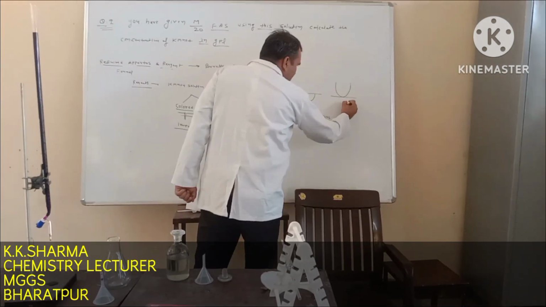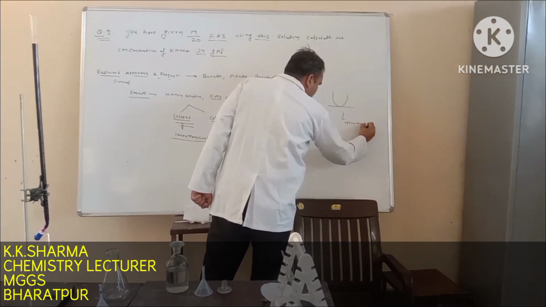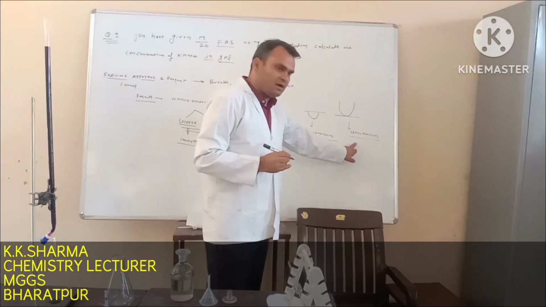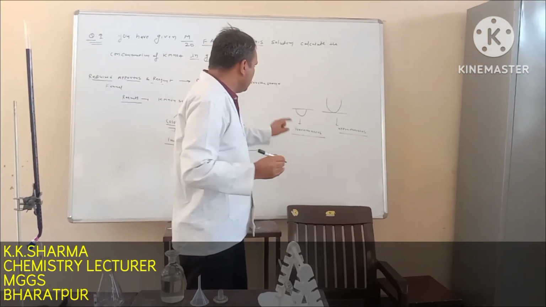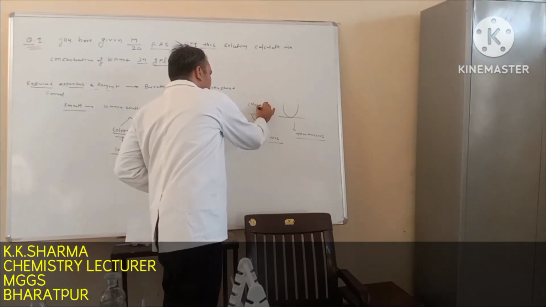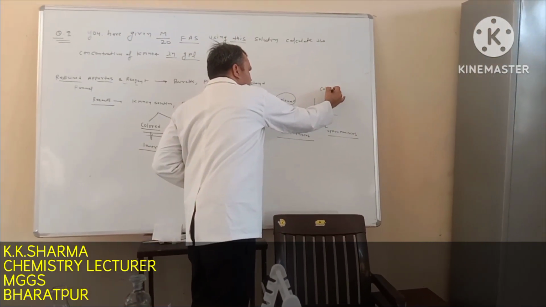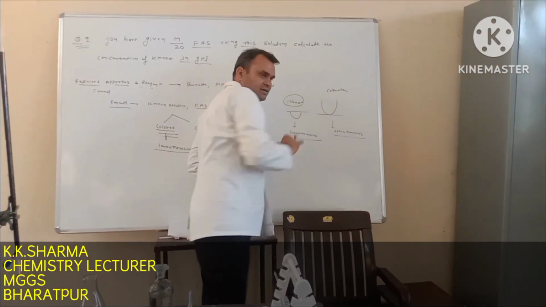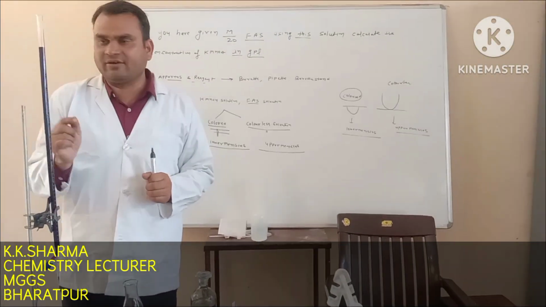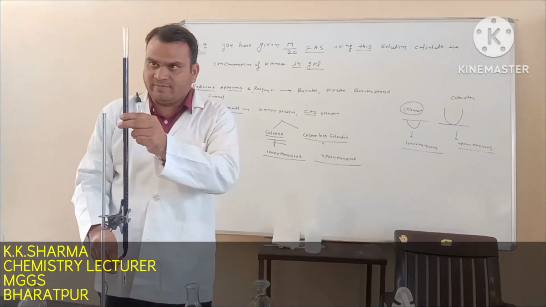This is the lower meniscus and this is the upper meniscus. Okay, lower meniscus in which case? Colored. And this one in which case? Colorless. So here the solution is colored or colorless? Colored. Then which type of meniscus do we check? Lower meniscus. So I set the lower meniscus.